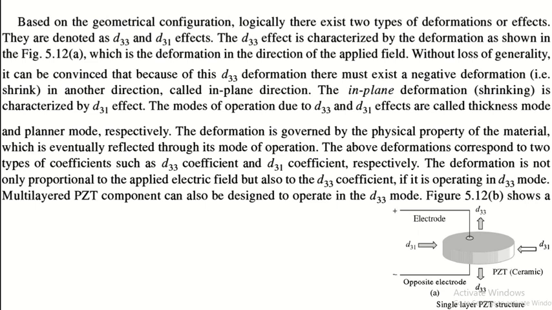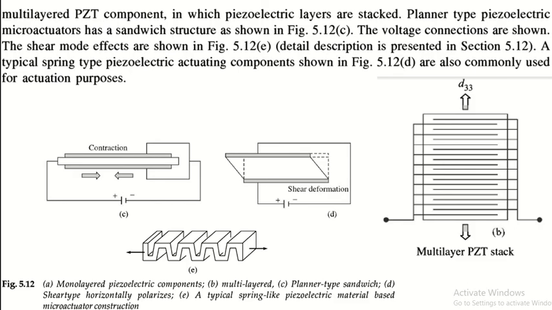Now figure number B shows a multi-layered PZT component in which piezoelectric layers are stacked. Planar type piezoelectric microactuators have a sandwiched structure which is shown over here in figure number C. The shear mode effect is shown in figure number E. A typical spring type piezoelectric actuating component is shown in figure number D. So there can be different modes of operation, there can be different ways of orientation.